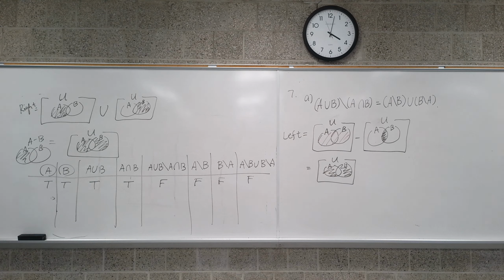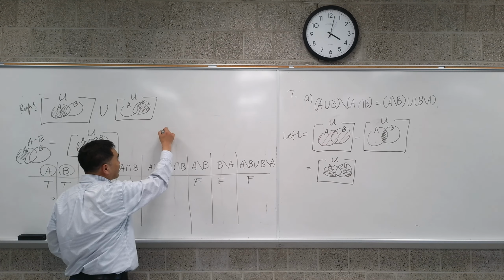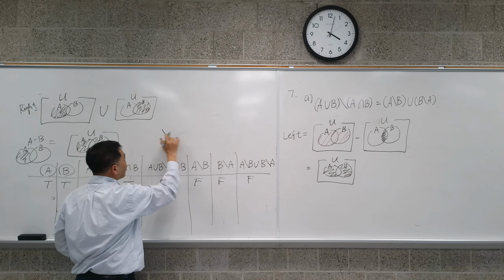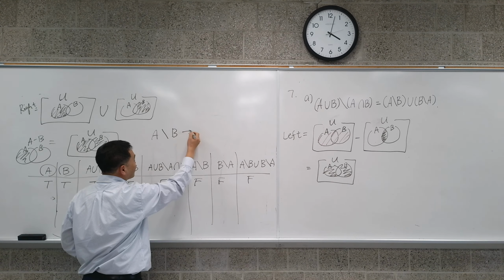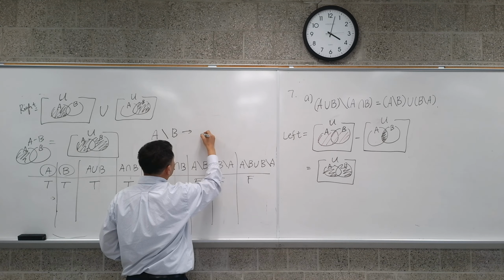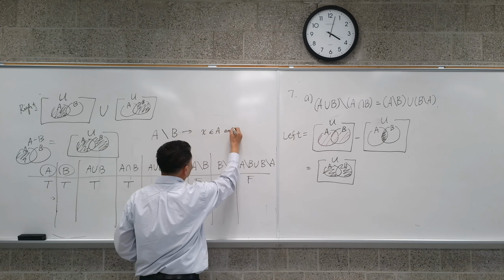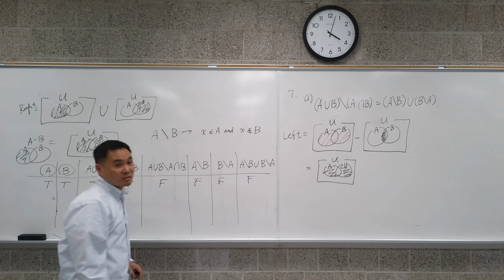Now, if this is not so clear, then another way to say it would be: if you have A not B, that's really saying X is in A and X is not in B. That's what it means, right?